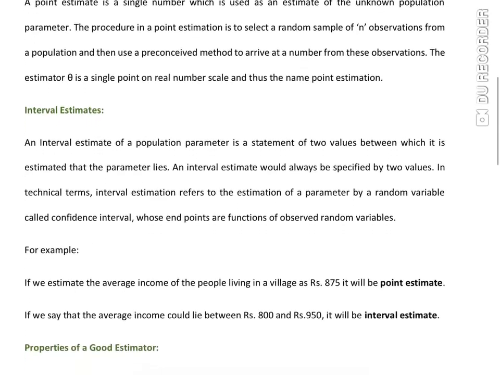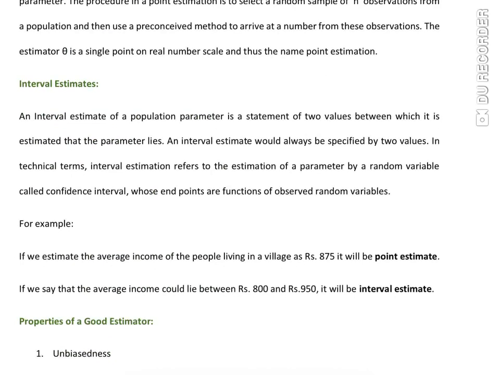Now interval estimate of a population parameter is a statement of two values between which it is estimated that the parameter lies. Now for example, we have solved the problems based on normal probability distribution. How do we answer normal probability distribution?